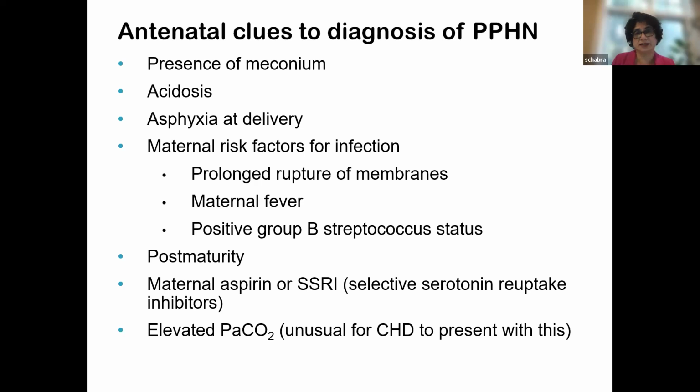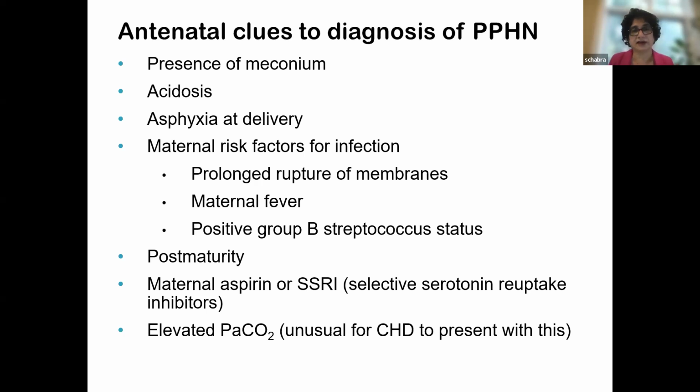So some of the antenatal risk factors can give you a clue if you are going to develop pulmonary hypertension. And as neonatologists, we are very aware that if there is meconium in the amniotic fluid, we have to keep our guard up for development of pulmonary hypertension. Any acidosis, any asphyxia, and if we are giving therapeutic hypothermia to the baby for asphyxia.